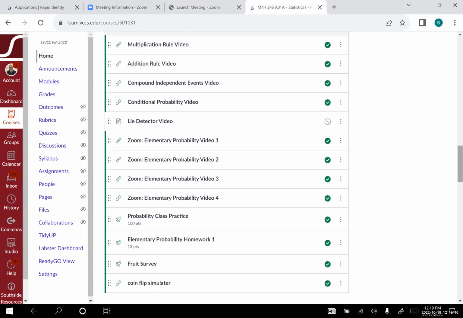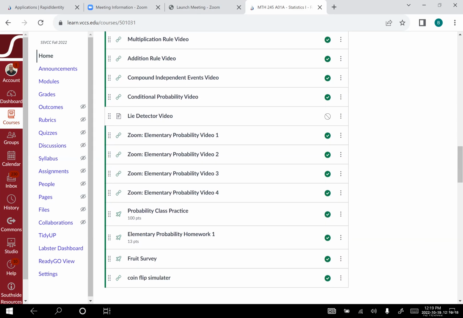And this is what we've been working on, this class practice, which is something I didn't do in the first 2 modules. I just added it on this one because I feel like we have to talk about this probability a little bit more than some of the earlier topics. Then we will do this homework, which will prepare us for the test.